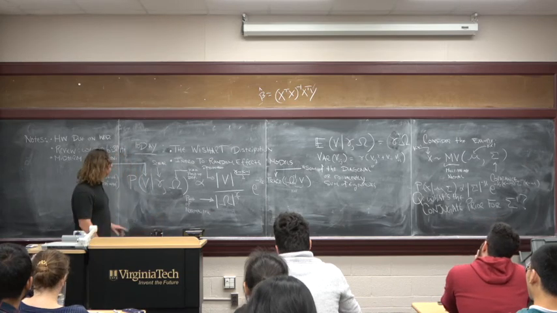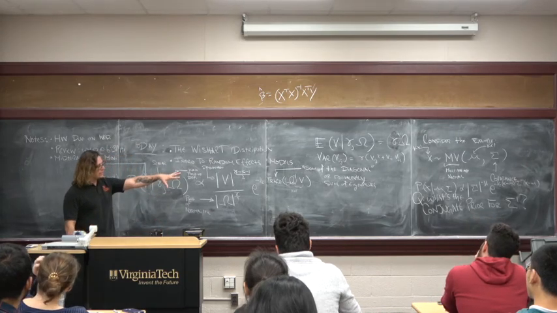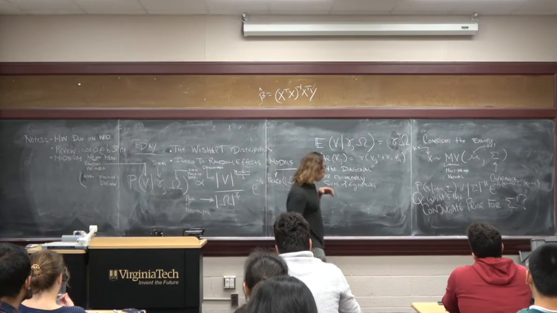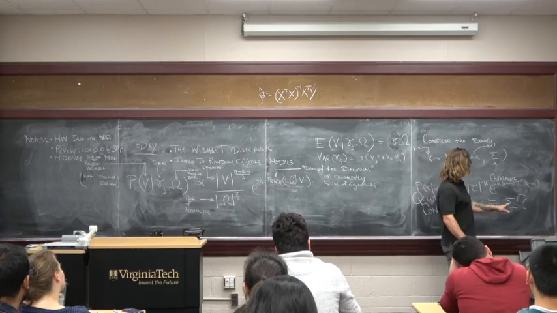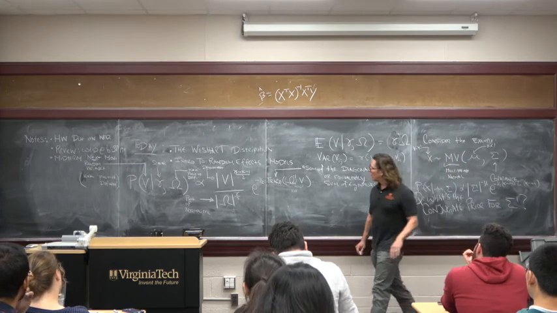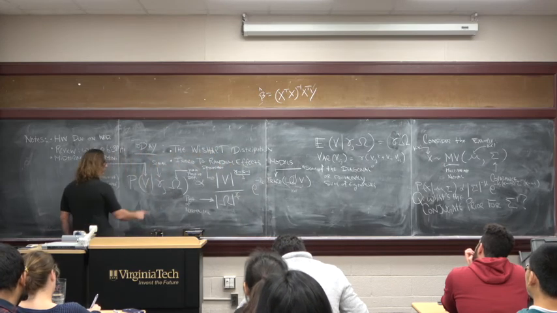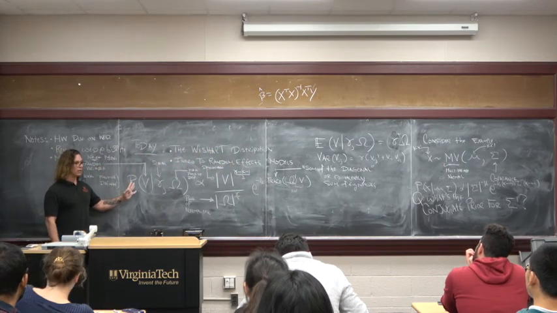Let me just ask one more question before we walk through the details of this and show that Wishart is the conjugate prior for the inverse of this. If I integrated through this, this is a matrix. What do I mean by integrating?